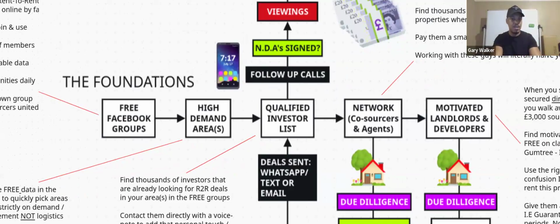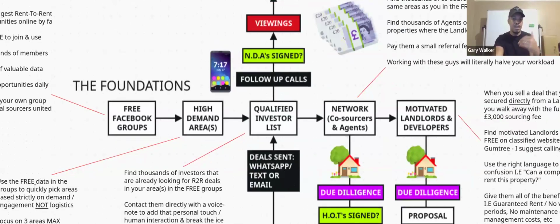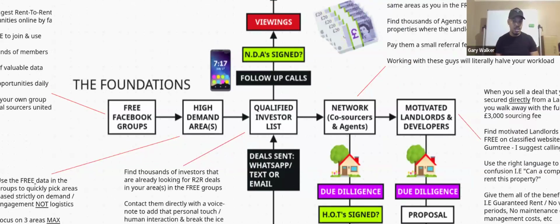Of course, I need to move around the screen anyway. So as I move to different parts, you'll be able to see exactly what I'm speaking about. But basically this is the funnel that the guys are using to get the results that you've just seen. And I'm going to run through each part of it for you. I'll try not to take too long, but I also don't want to go too fast and you miss anything.